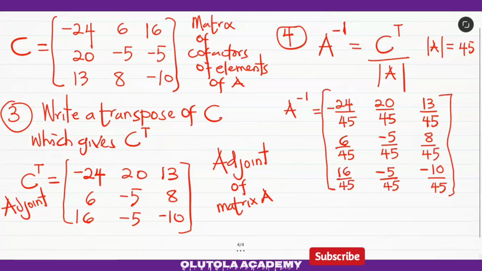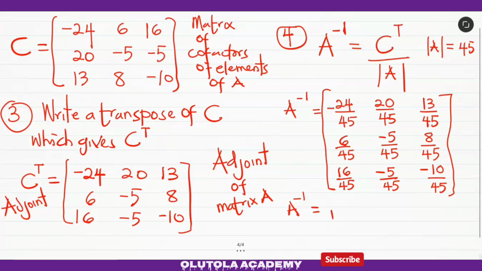As my final answer, since each of the elements cannot precisely divide 45, a very good way of writing the answer is to factor out the determinant, which is 45 in this case.